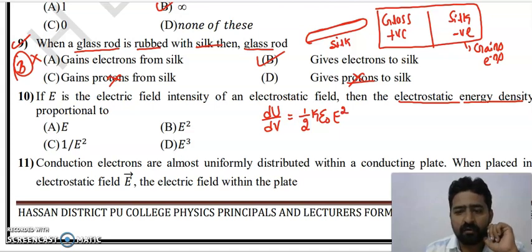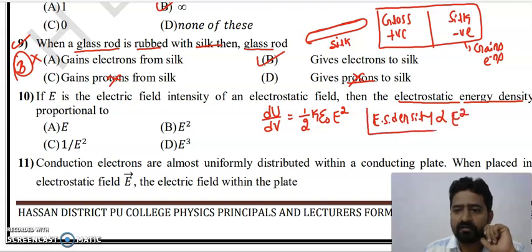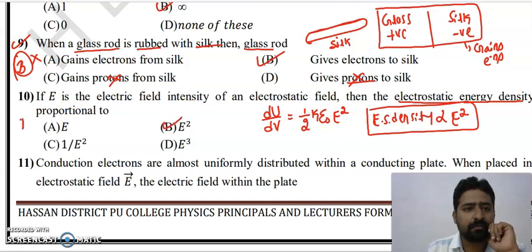So how is it related? The electrostatic energy density is proportional to E square. So which option is right? That is option B, the right answer for the 10th question.